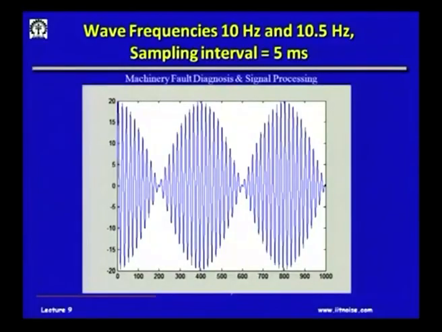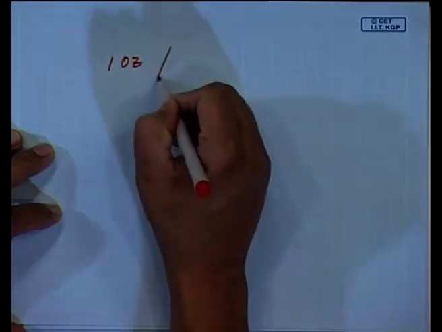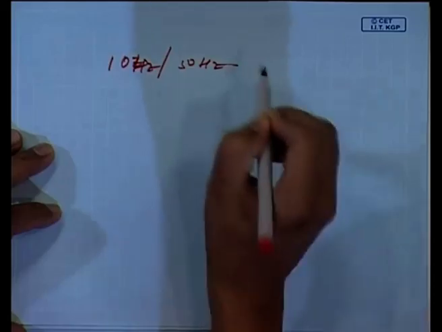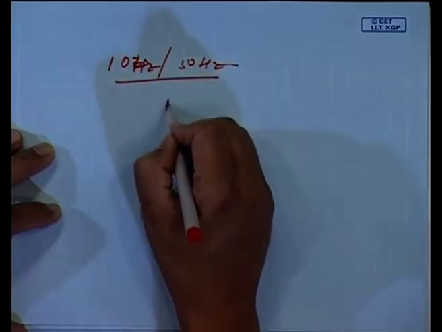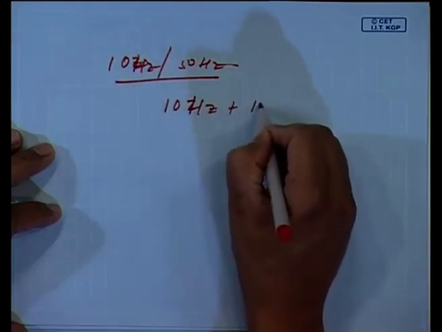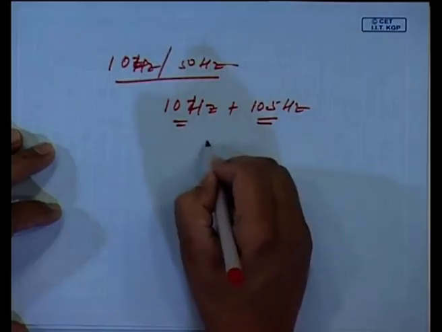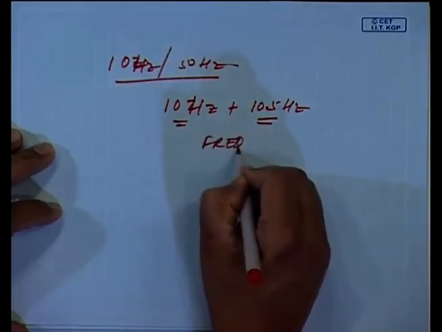Now, I had shown you the case when one was 10 hertz and another was 50 hertz. Okay. But if I add two signals, 10 hertz plus a signal having 10.5 hertz, that means these frequencies are very close.